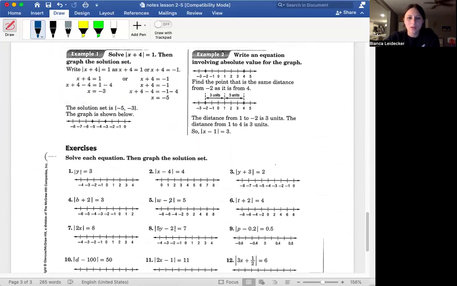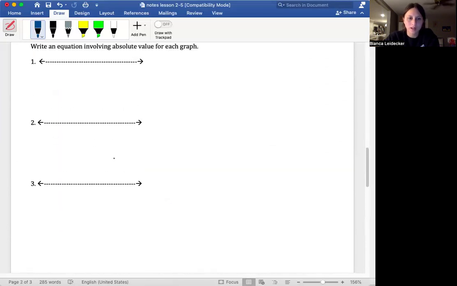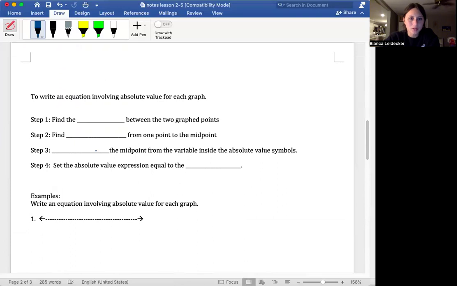So it just is a little more simple for us to look at rather than having to plot our own points on a blank line. But I will fill out these instructions first. So what if you are trying to write an equation for an absolute value in a graph? Let's write these instructions and then I'll explain it. You're going to be like, what's going on here for a second.